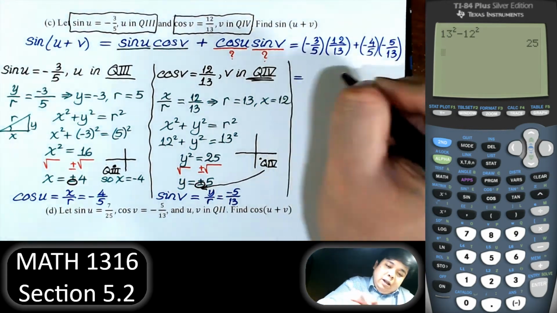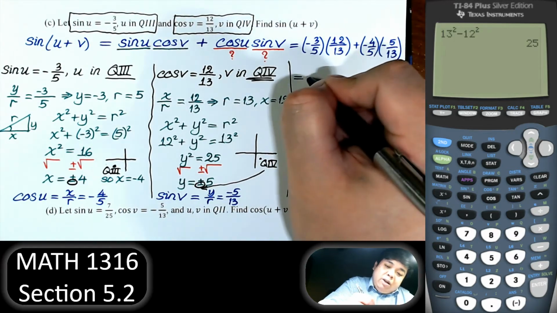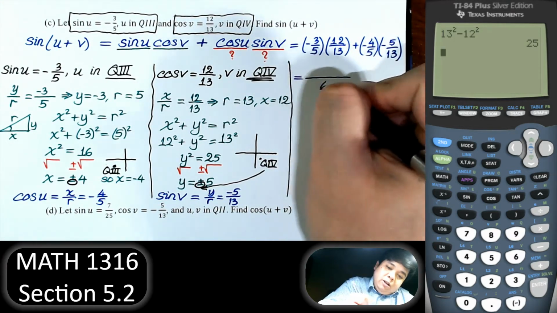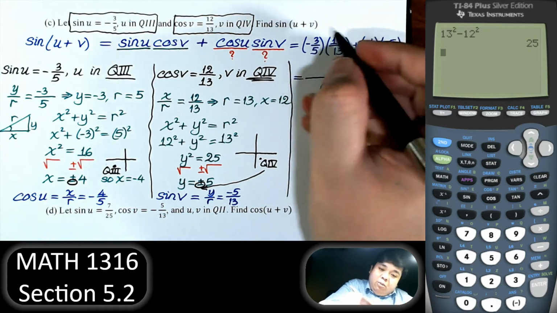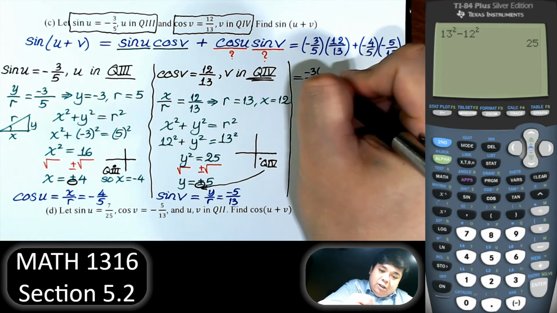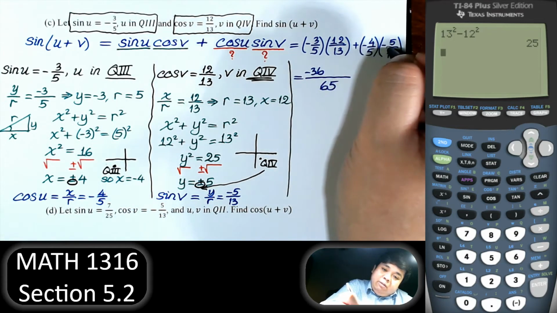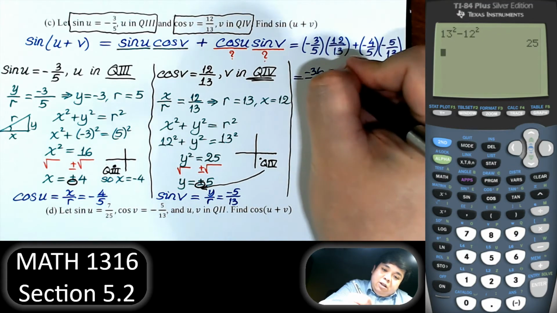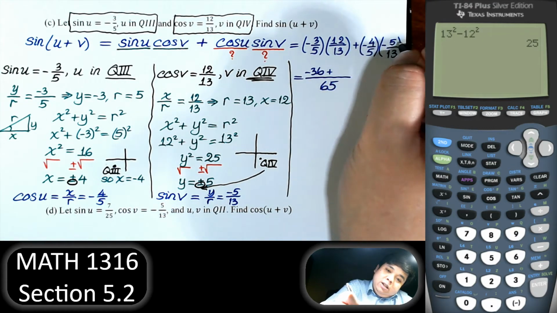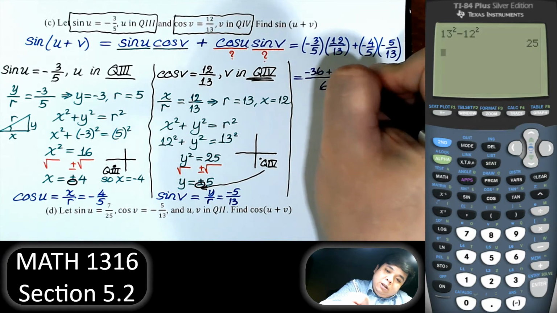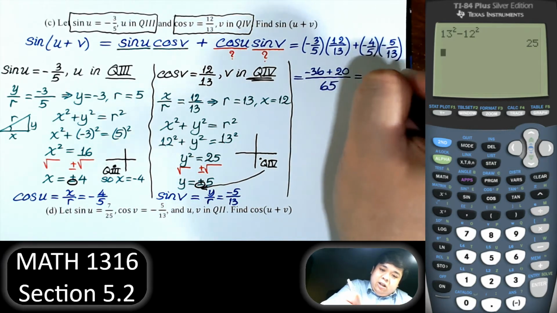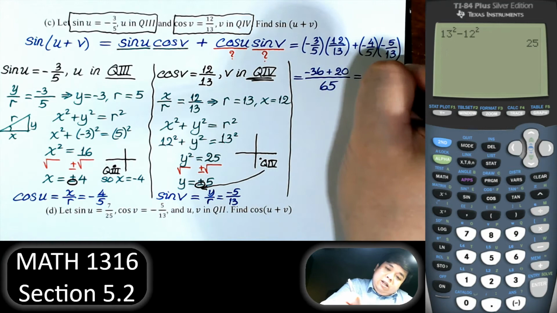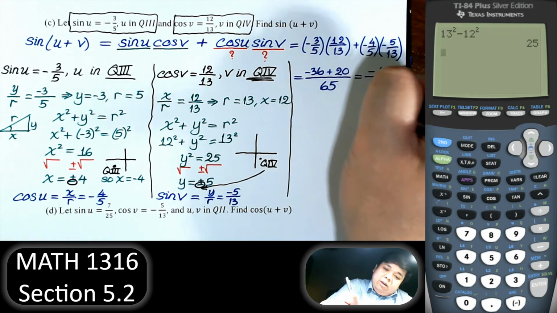Right. At the bottom, there's 5 times 13, which is 65. On the top, we have negative 36 and negative, not plus, 20. So the answer is negative 16 over 65.